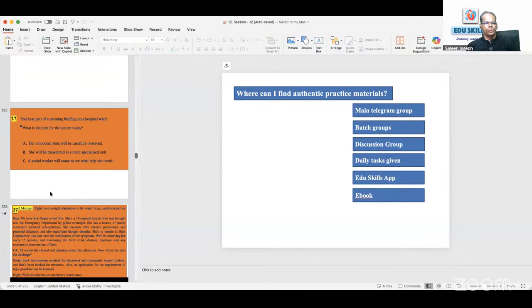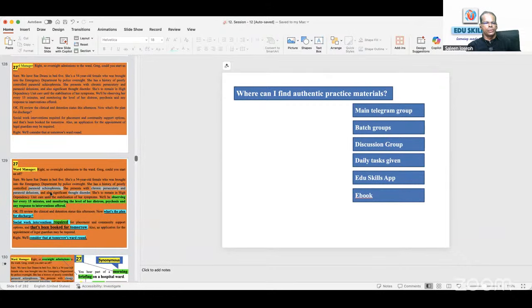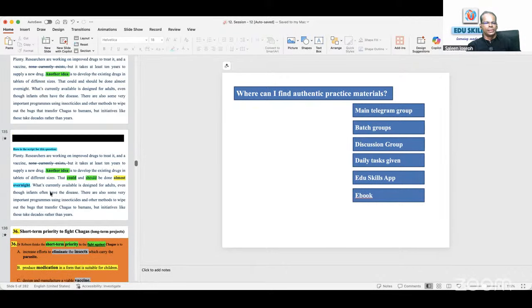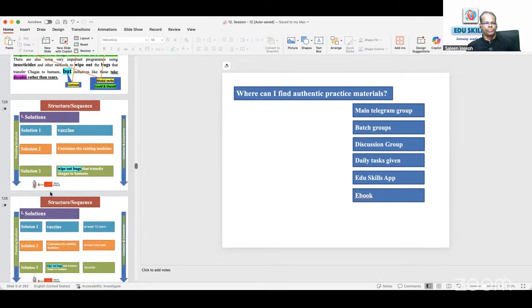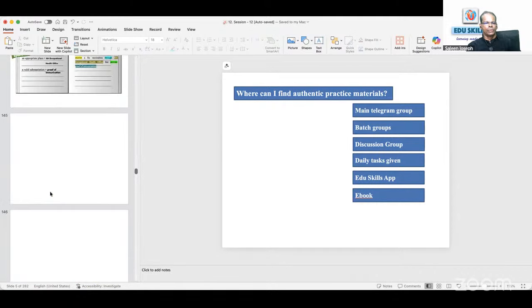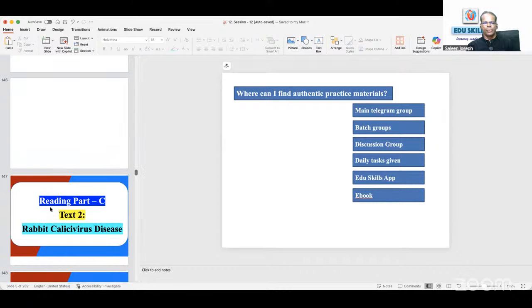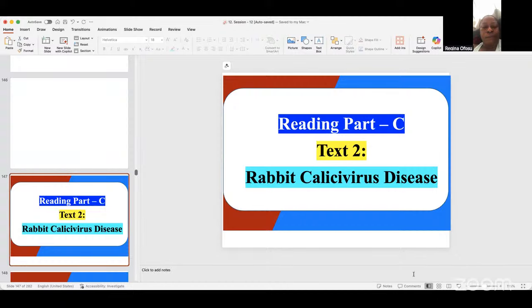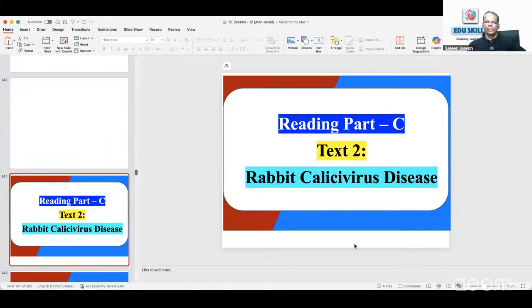We are also supposed to practice some listening, but today, when you are exhausted, we can't do it. Can you see my screen? Now we are supposed to do this one, but depending on the stamina.